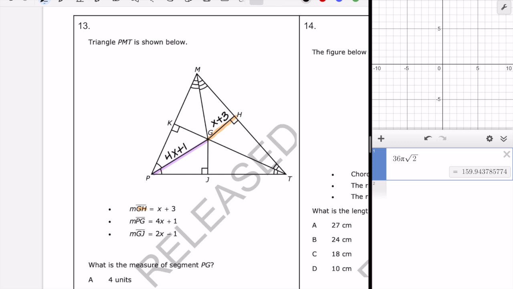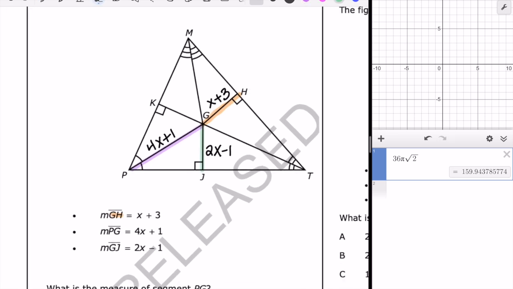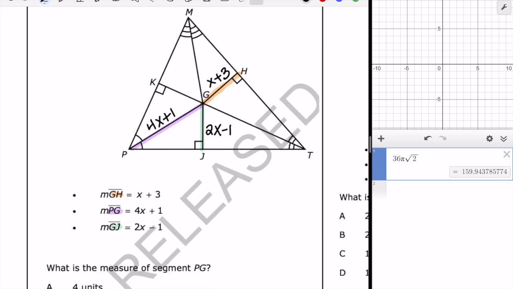And then finally, it says that the measure of G to J is 2x minus 1. When I look at this, they're asking us to find the measurement of P to G. But I really have to be able to find what x is first.